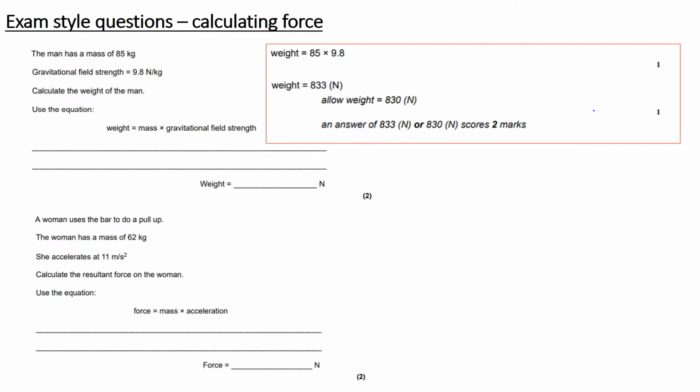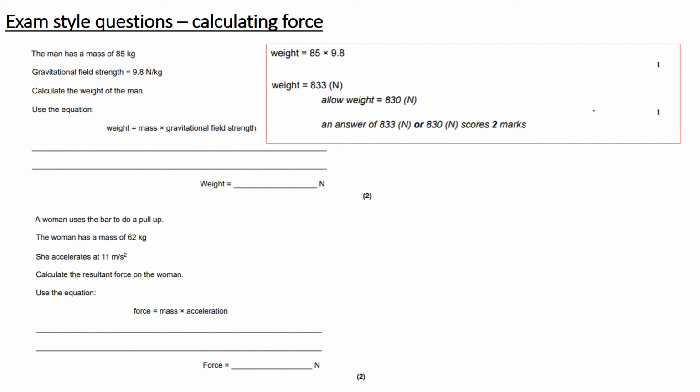Some questions are worth 5 marks just for applying a number of stages of maths. So make sure you have a good ruler, a pencil, and a calculator that you know how to use. And make sure you do some revision.